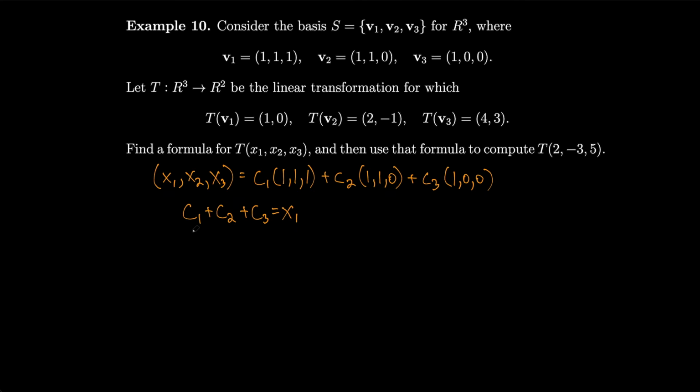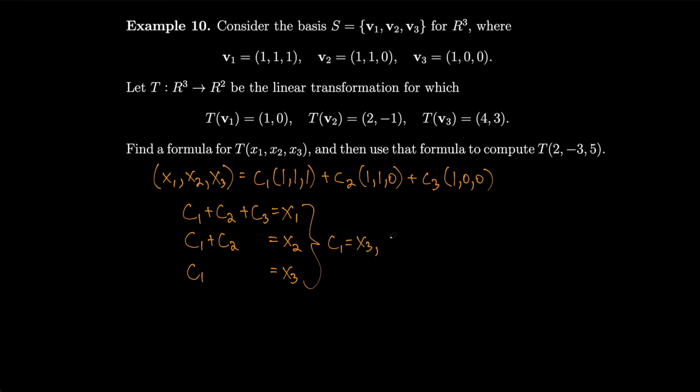So I just have C1 plus C2 plus 0 C3 is x2. Looking at x3, it's even better. We have a 0 for C2, a 0 for C3, so only the 1 for C1 will give us x3. So I have C1 equal to x3.